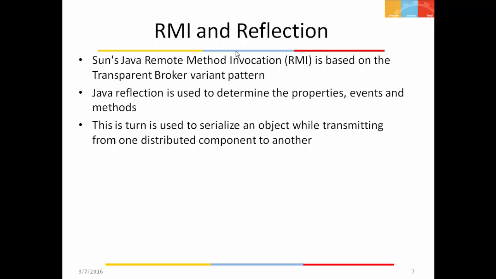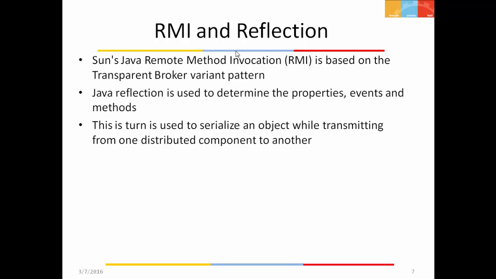The point is that this serialization mechanism, where the object which is in memory is converted to a binary file, this process of dumping the memory content into the serialized object heavily uses the Java reflection mechanism.